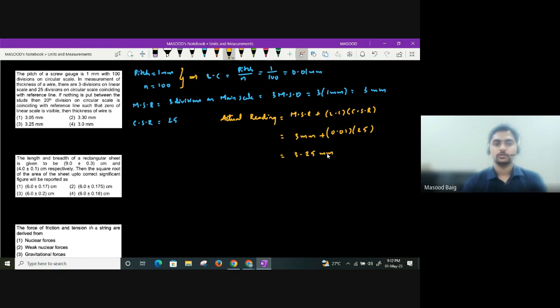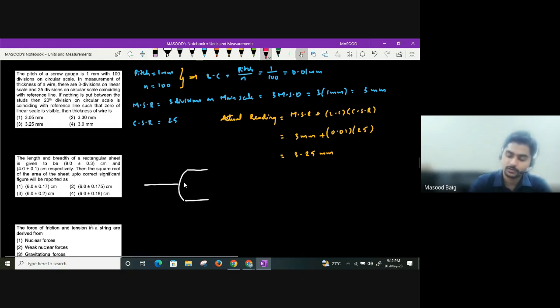Yes or no? But what they have given is, if nothing is put between the studs, then the 20th division on circular scale coincides. See, this is our reference line. This is our circular scale, guys. Always remember, when 0 of circular scale exactly coincides with reference line, there will not be any zero error, guys.